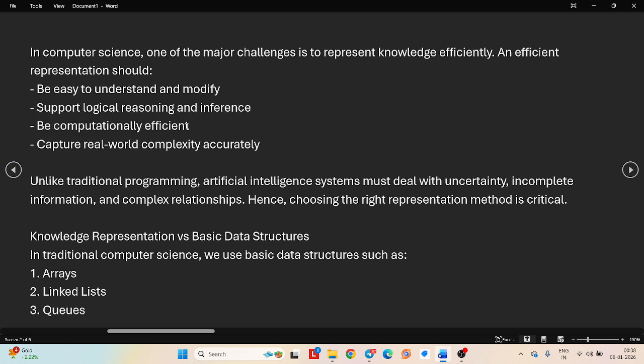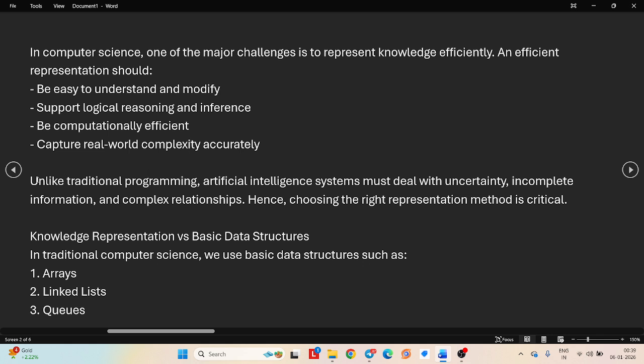It should be computationally efficient. If you work on a large amount of data, it is very important to be computationally efficient, as it requires more computational power. It should also capture real world complexity accurately. You have to use real world examples so the machine can understand better.